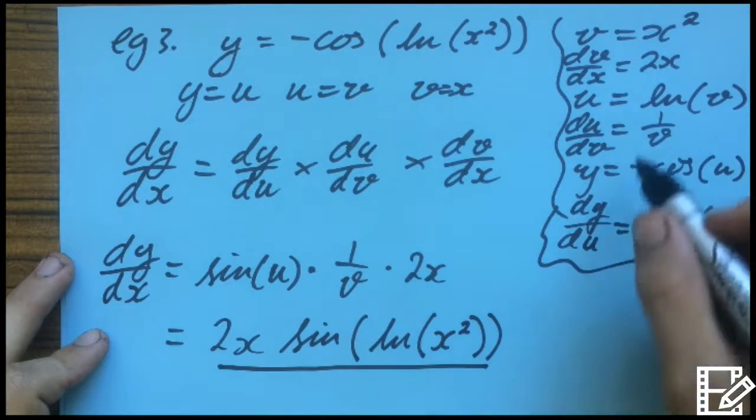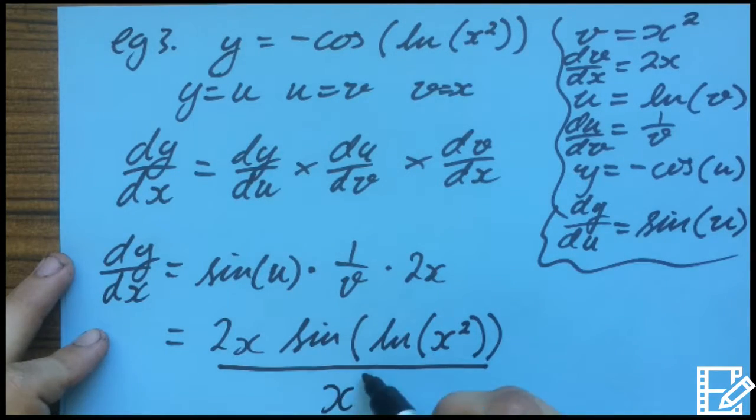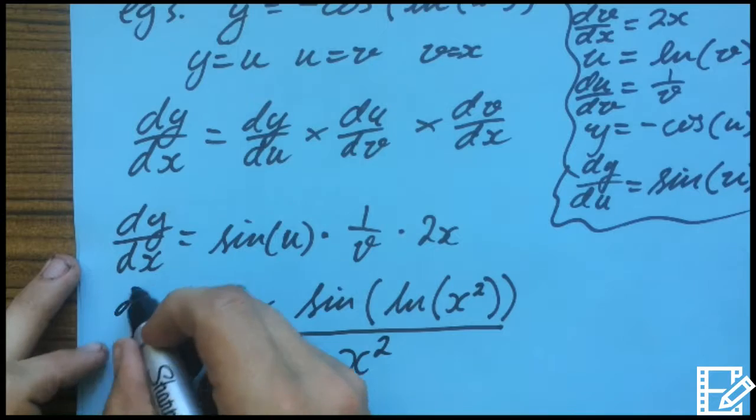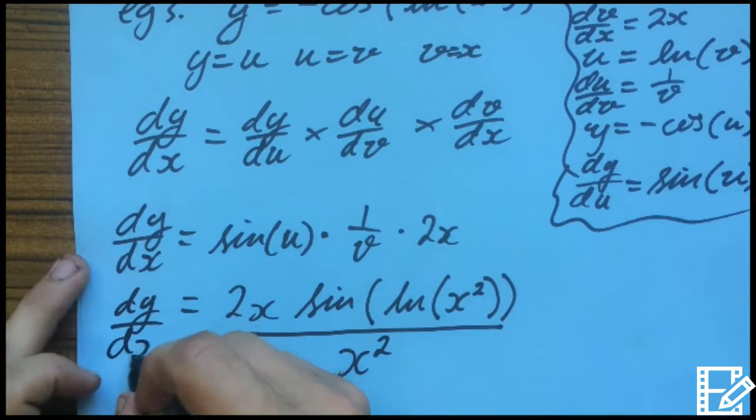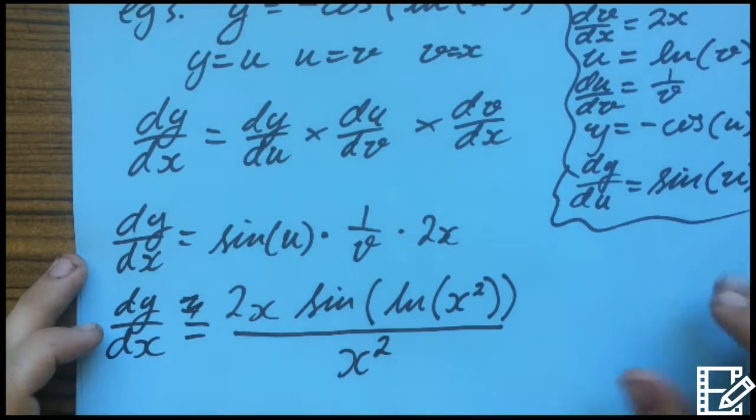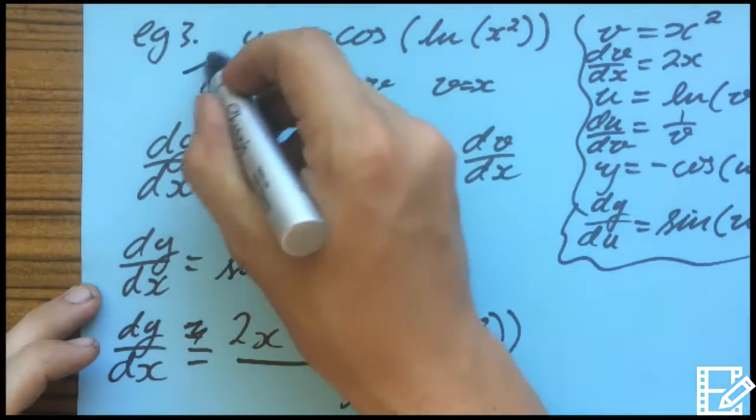And we'll sub in v is x squared, and that there is the first derivative of this function up here.